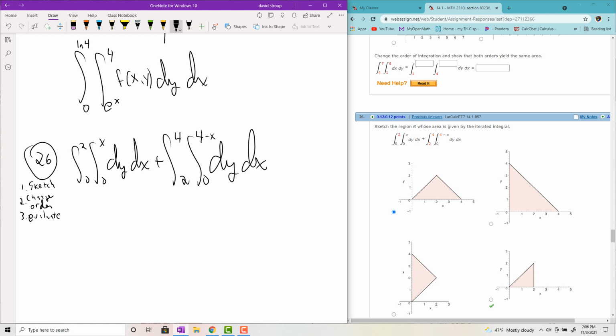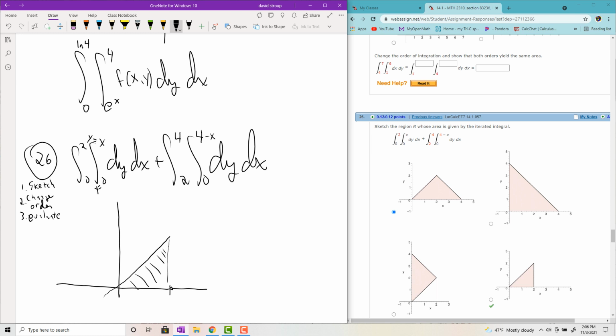Okay, so sketching the thing, y equals 0 to y equals x, on that inner integral. Y equals 0 is the x-axis, y equals x is this diagonal line, and then from 0 to 2 on the x-axis, so maybe about right here, and it's this region.